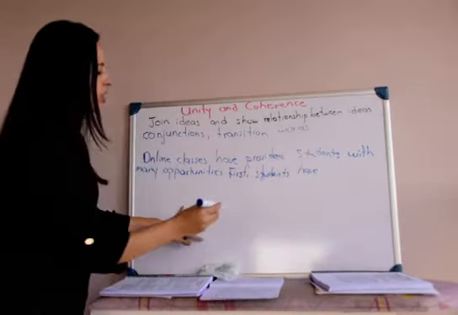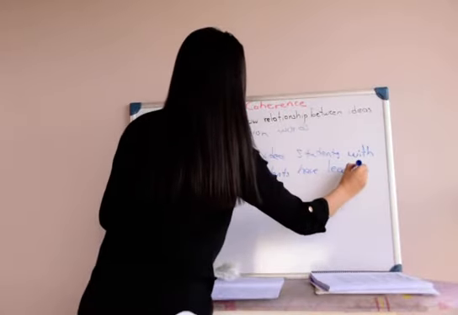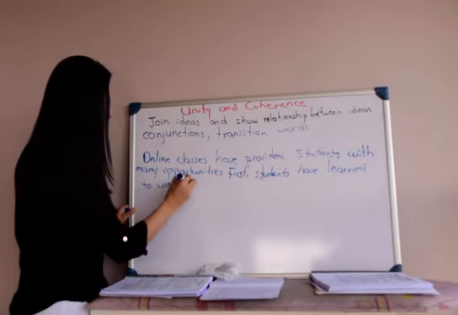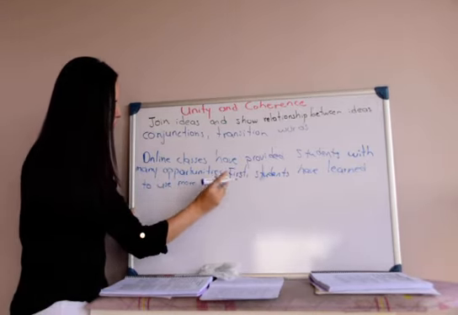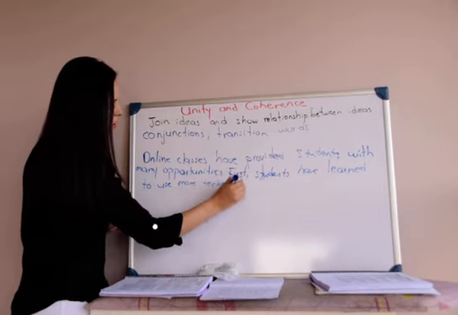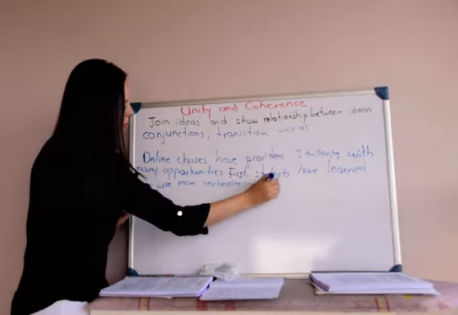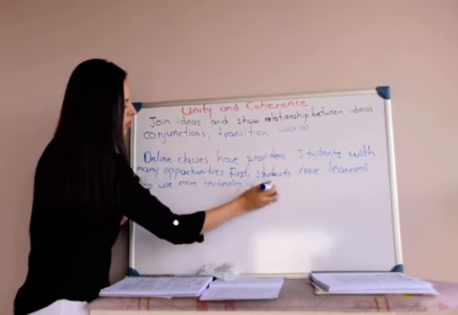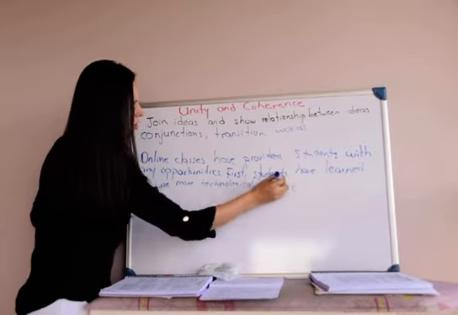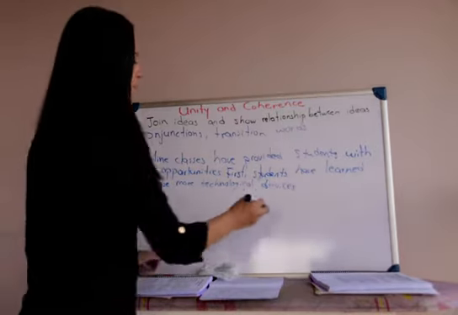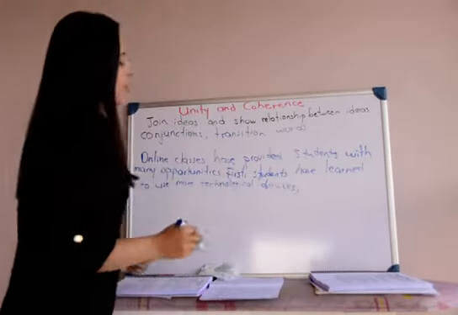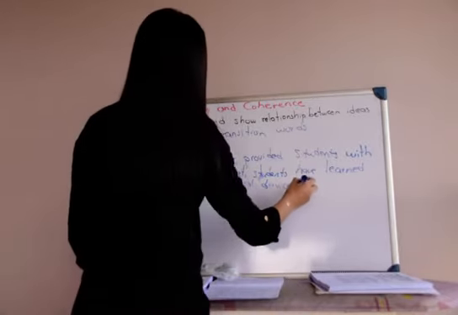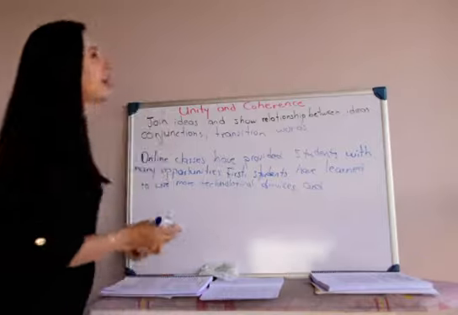Students have learned to use more technological devices. Okay, we can add there a comma. This is a complete sentence, so we can add a coordinating conjunction. Okay, and what can we add there?